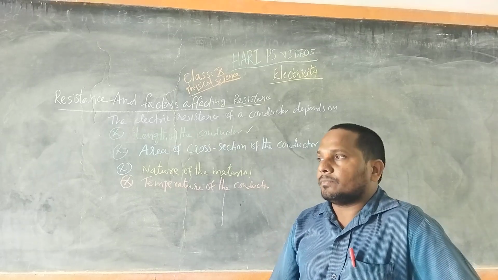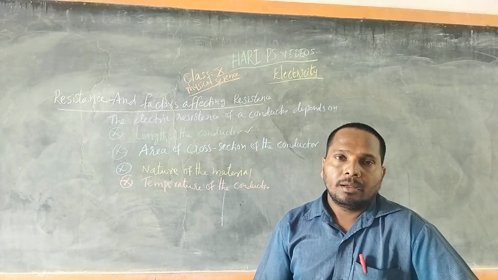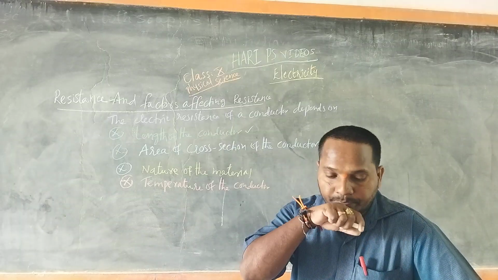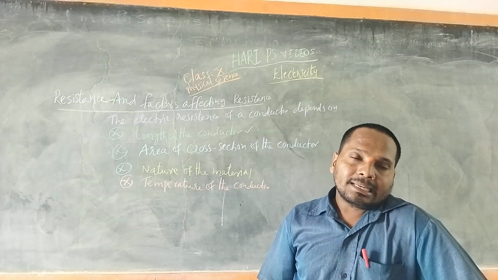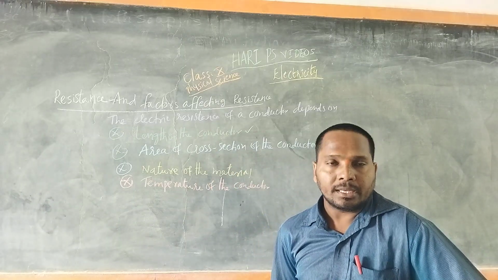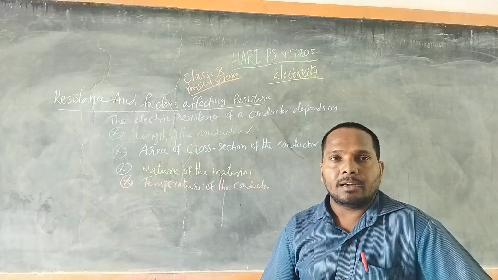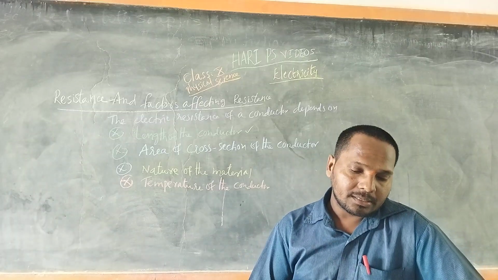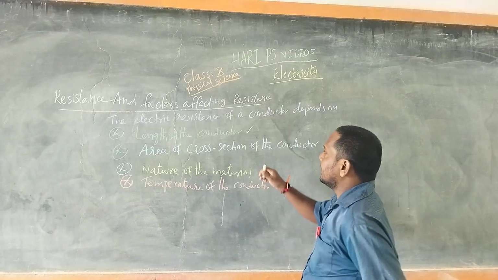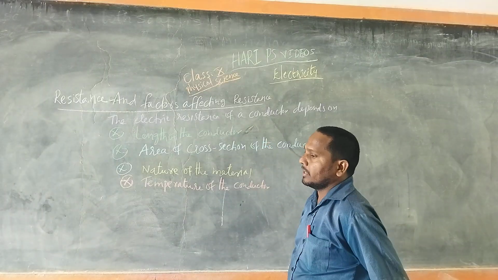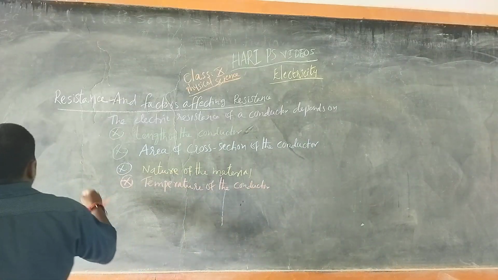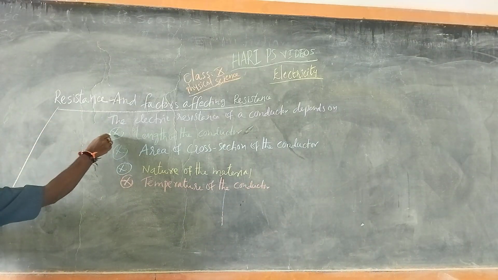So it has been found by experiments that increasing the length of a wire increases the resistance, and decreasing the length of the wire decreases the resistance. So the resistance of the conductor is directly proportional to the length of the conductor.